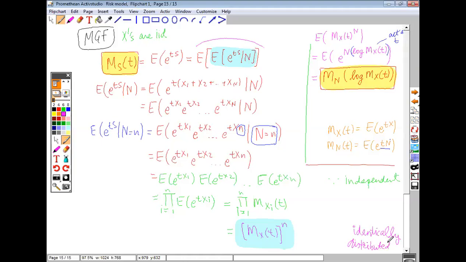Because they're identically distributed, they all have the same MGF, which is why this multiplication of M_Xi's n times, we can raise just to the power of n to give us the answer at the end in a very concise, precise manner, which is this. Over here, this is a constant, and our M_S(t) is just M_N of log of M_X(t).